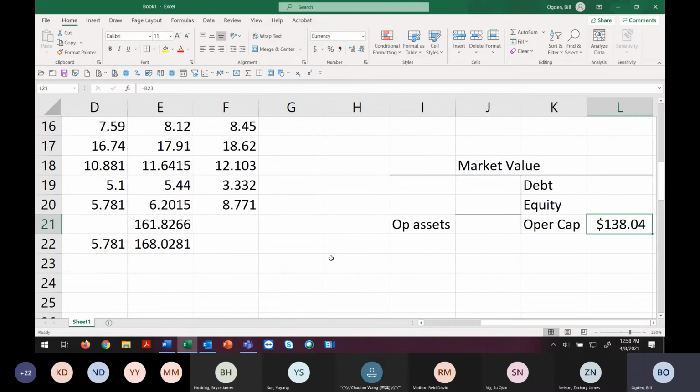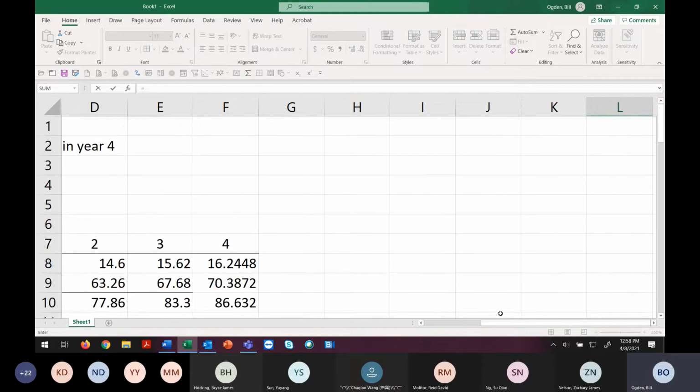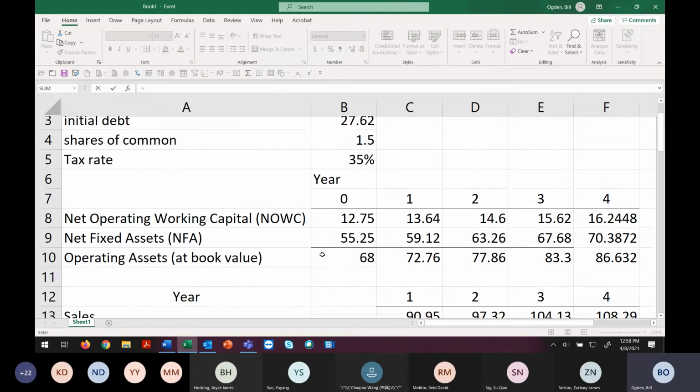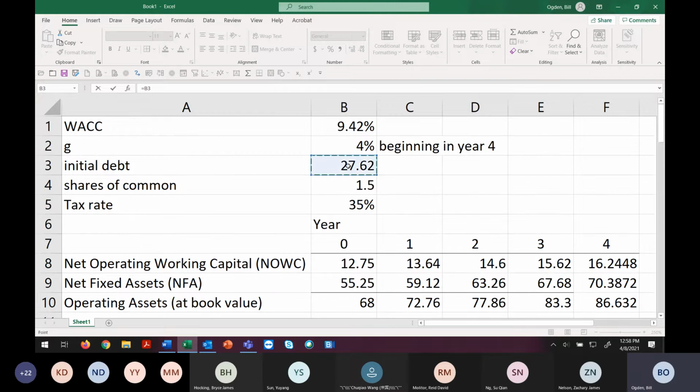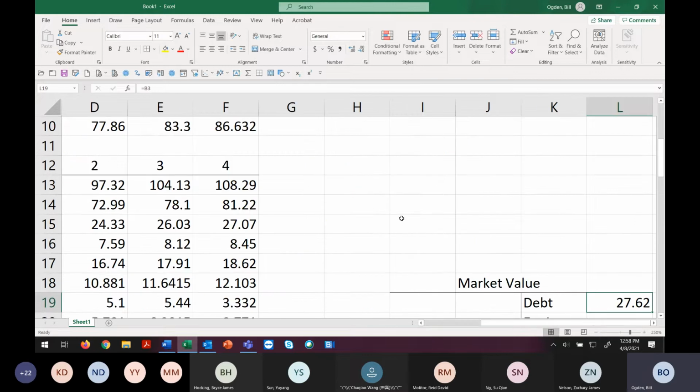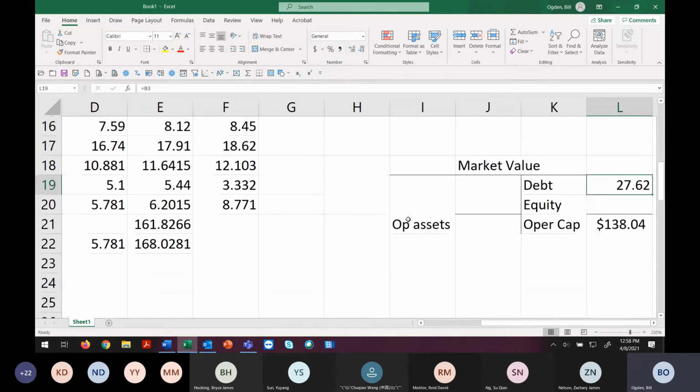And then one of the things we did, we found the initial debt of this company. So we take our initial debt and we come way up here and we said it was 27.62. So this is what you know.